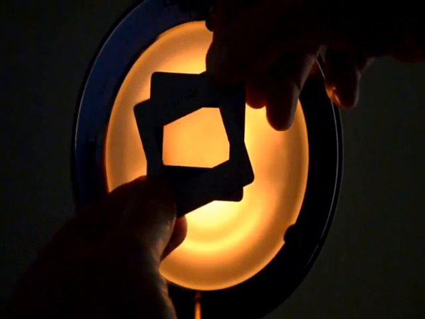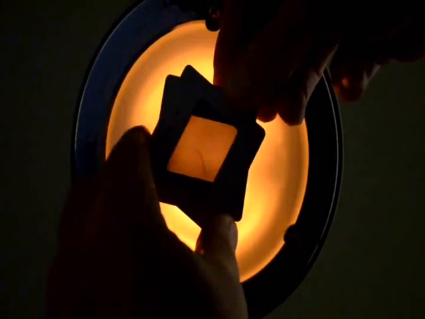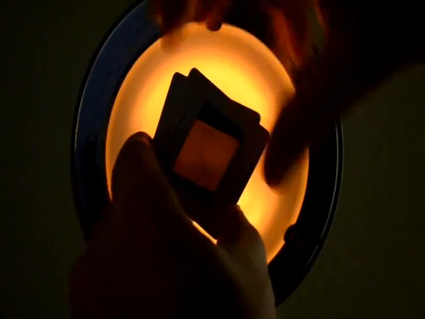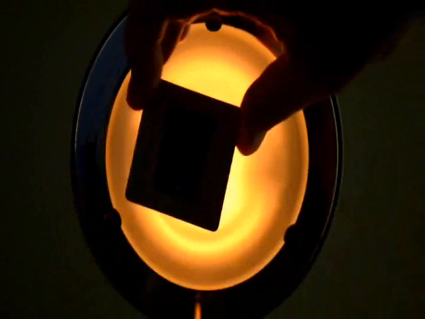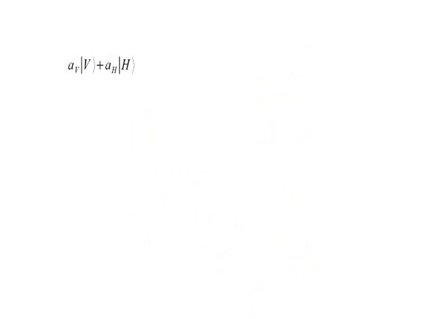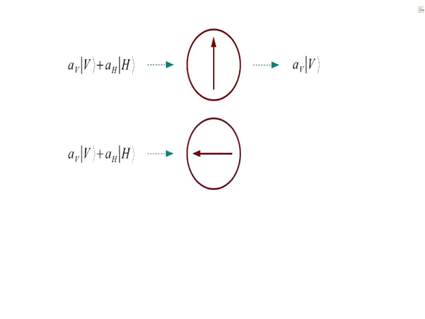Then the transmitted field gets weaker, and when the two filters are oriented at 90 degrees, the field is completely blocked. When a field with any combination of V and H polarization illuminates a vertically oriented filter, only the V component passes through. The H component is blocked or filtered out. Likewise, if the filter is horizontally oriented, only the H component passes through.